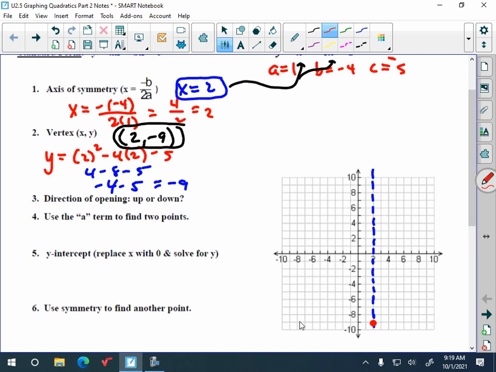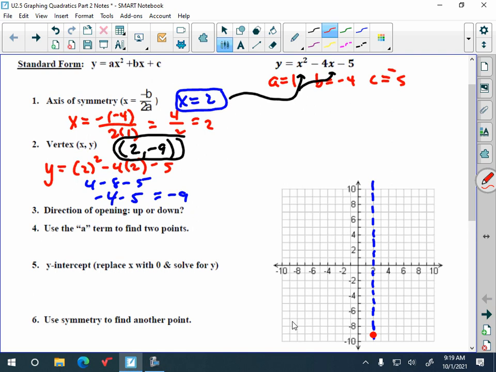All right, just like vertex form, now everything else is pretty much the same. We want to know direction of opening. Since a is positive, it's +1, we know the graph is going to be opening up. So we know it has that shape going up. Now we're going to use that a value to find 2 points on our graph, counting from our vertex point that we just graphed.